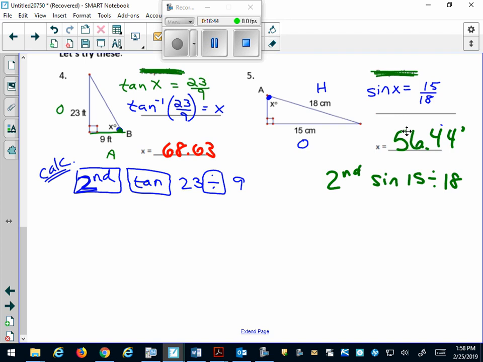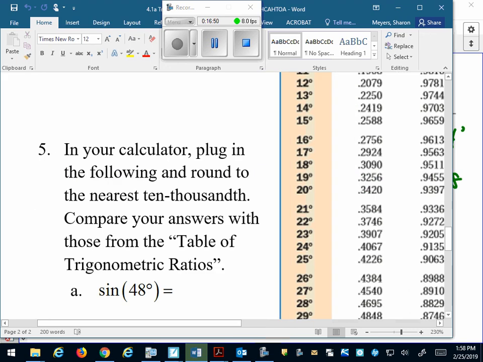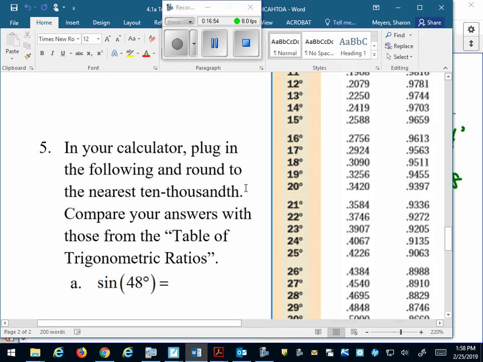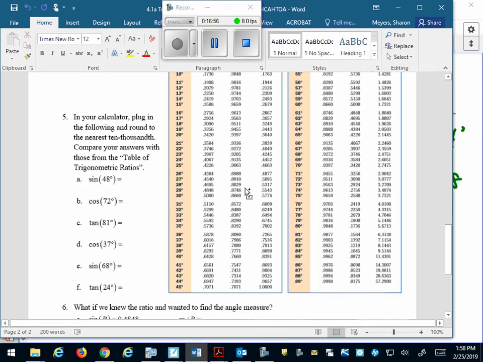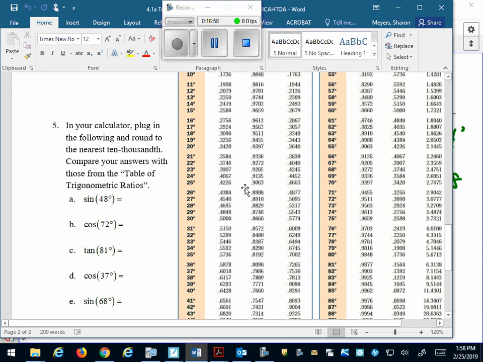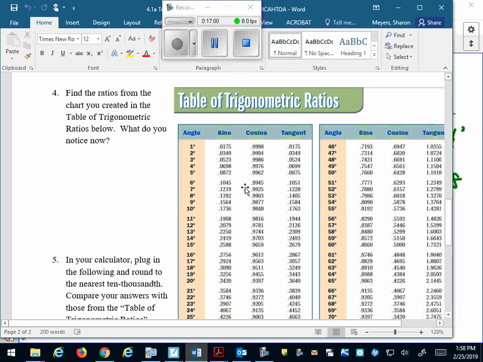Now, I want to show you something really quickly. Oh, I blew this one way up. When I was in high school, we actually didn't have calculators with sine, cosine, and tangent buttons on them. They gave us a table that looked like this, a table of trigonometric ratios.